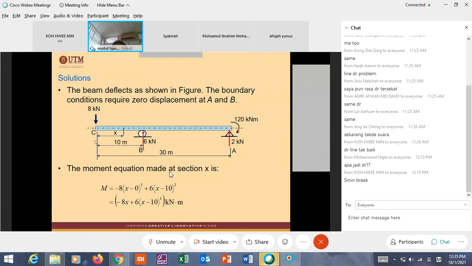Even though we know that it is maximum, there is no value. Yeah, it is maximum, but no value. Here, we know that the value is zero. Here, the value is zero. Value of what? Value of deflection, not value of slope. In here, the value of slope is maximum.